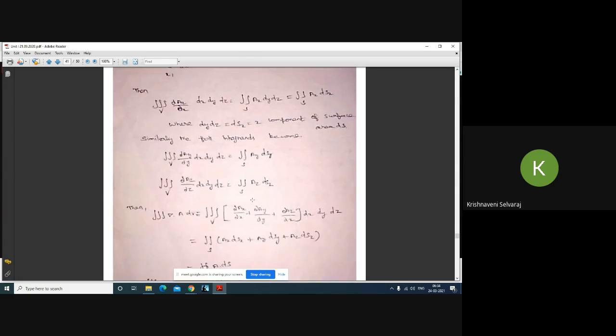So we can consider the third equation. Likewise, we get the volume integral of ∂Az/∂z dx dy dz, and in the same way we obtain the surface integral of Az dS. So I will write the three equations.